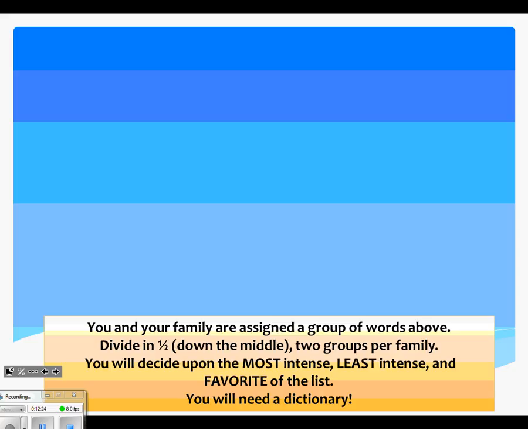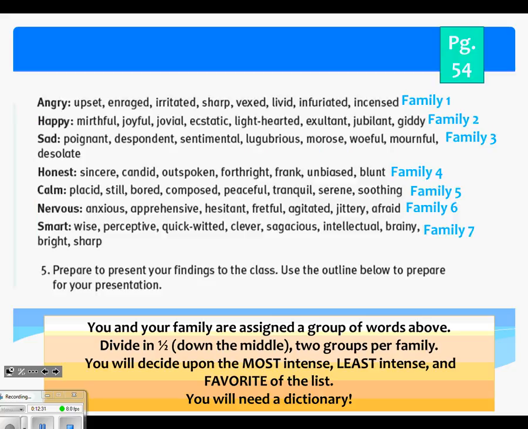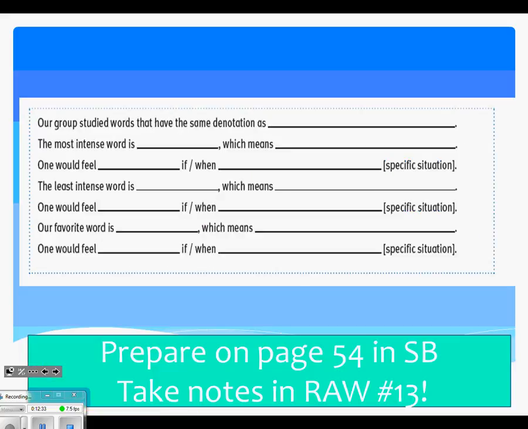All right, now real quick, I'm going to show you what you're going to do first. So we're going to skip over which word your family has, and instead I'm going to have you look below the list. You see that paragraph ring? You're going to make a couple of markings. So watch the screen. I'm going to tell you what to mark. All right, now the very first sentence, I want you to go ahead and highlight "same denotation as."